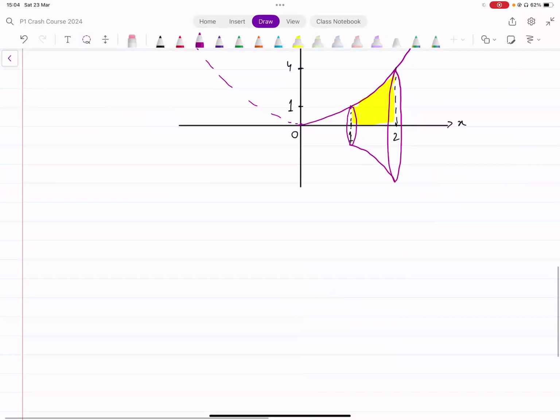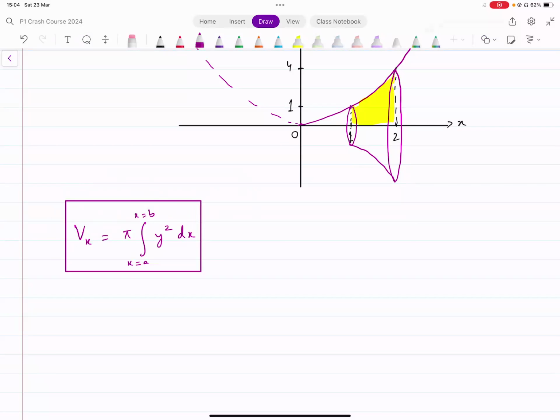This is the formula that we have. Vx equals pi into the integral of y squared with respect to x, and you have some limits here from x equals a to x equals b. This is the formula that we will be using. This is the volume of revolution about the x-axis. Just like we had for area, when we were finding area between a graph and x-axis, we needed y to be the subject.